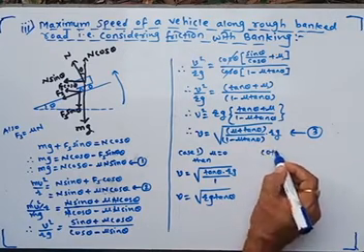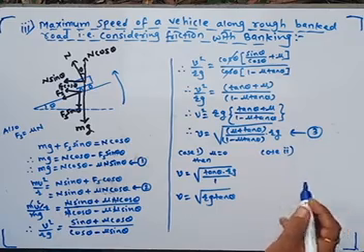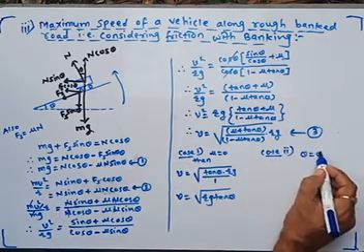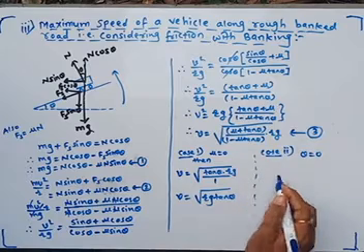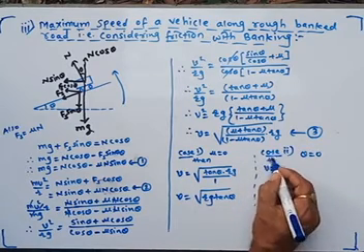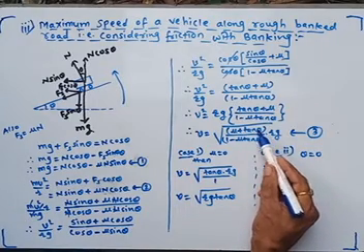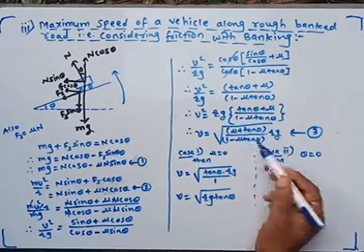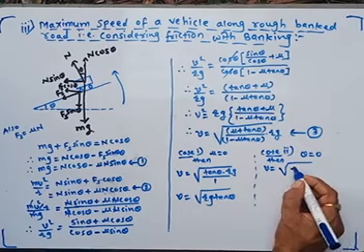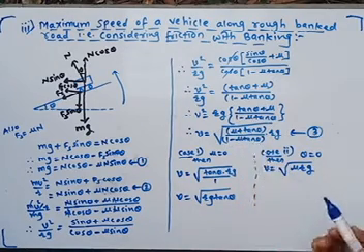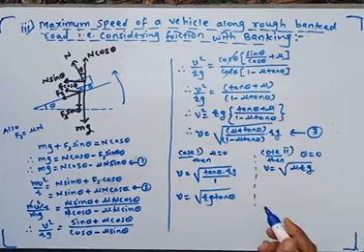And case 2: if banking is absent, means theta is equal to 0, then tan 0 is 0, and we get v equal to square root of mu rg, with 1 minus 0 meaning 1.